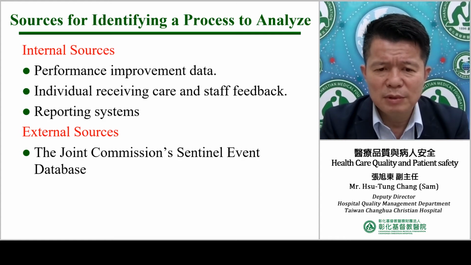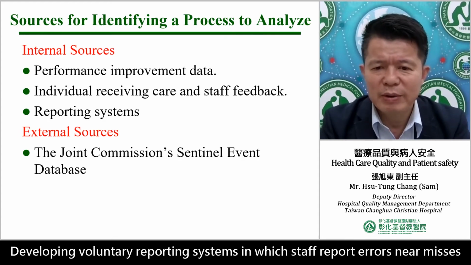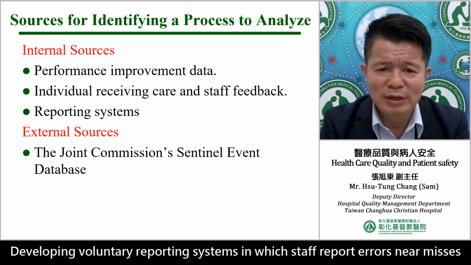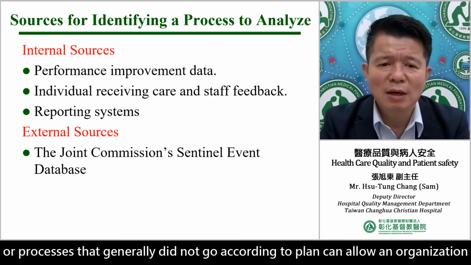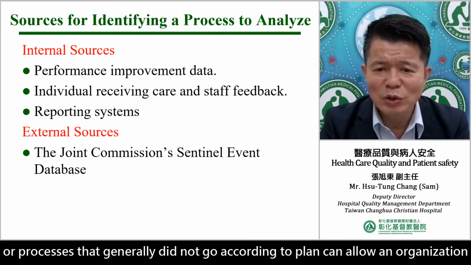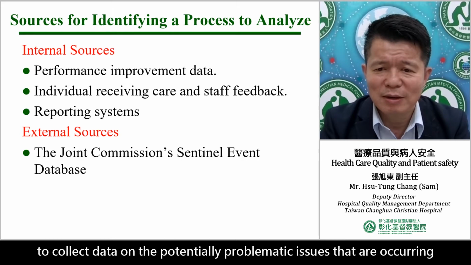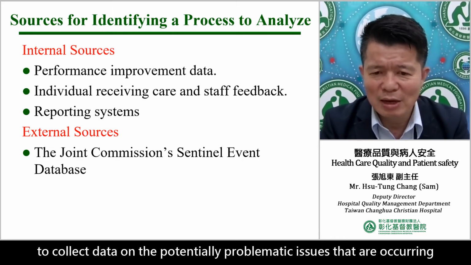Reporting systems. Developing a voluntary reporting system in which staff report errors, near misses, or processes that generally did not go according to plan can allow an organization to collect data on the potential problematic issues that are occurring.